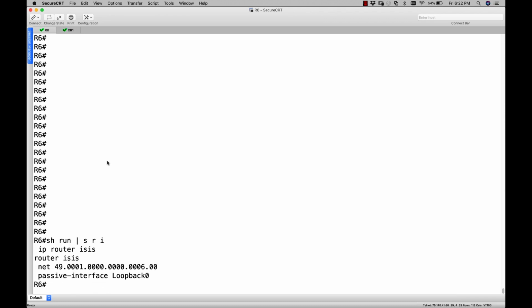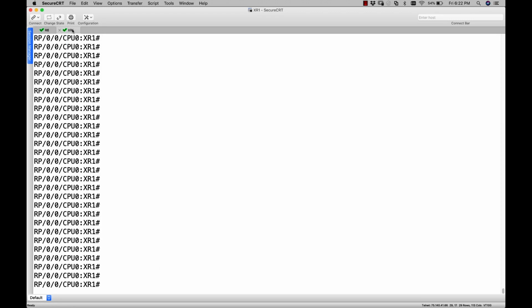Let's have a quick look at the configuration. So I have ISIS configured, and this is my area, and I have my unique system ID and my N selector, which is here, which is always 00. And if you look at XR1, show run router ISIS.